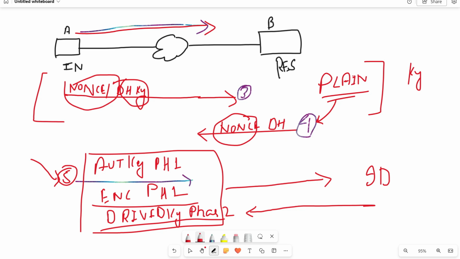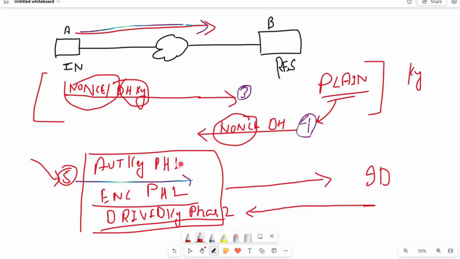So they have generated keys by the fifth packet. Both keys have been exchanged, and from the fifth packet this communication will be encrypted, and that key is used for further communications in phase 1 and phase 2. In phase 1 we call it the authentication key, which I just mentioned here.